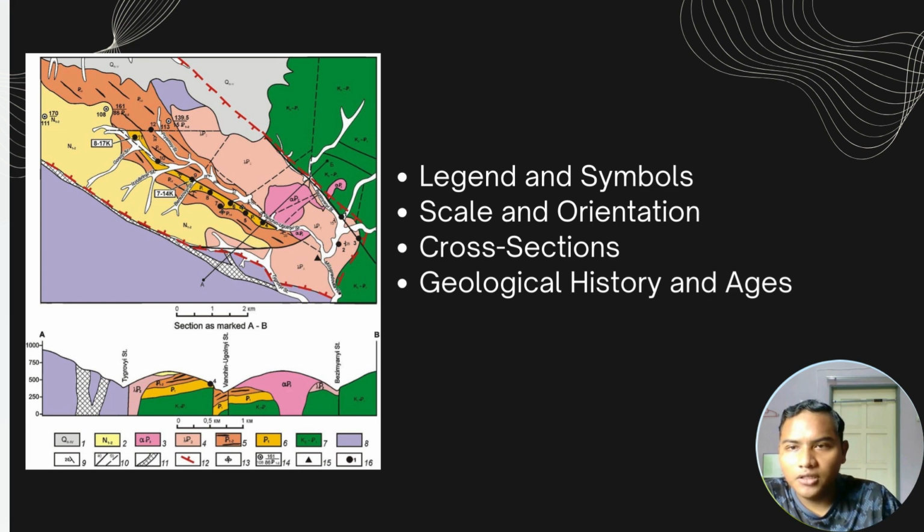And the last point is geological history and age. The map may include information about the geological history of the area, including the age of different rock formations. This chronological context is crucial for understanding the evolution of the Earth's crust in a particular region.